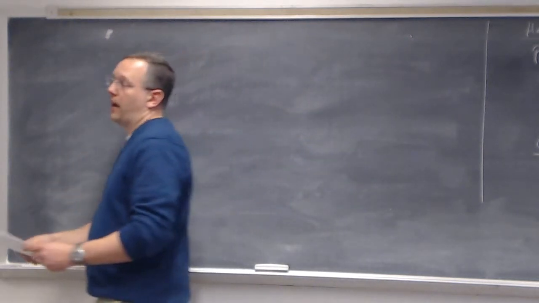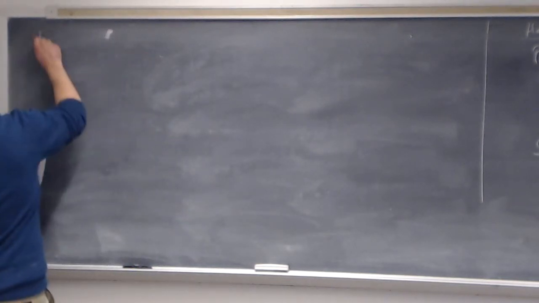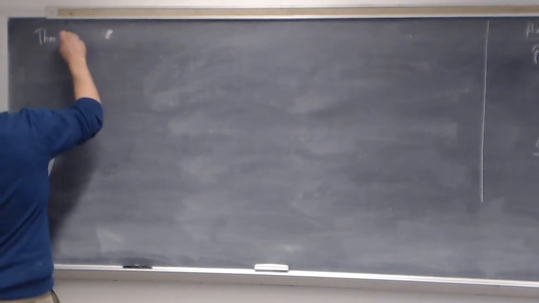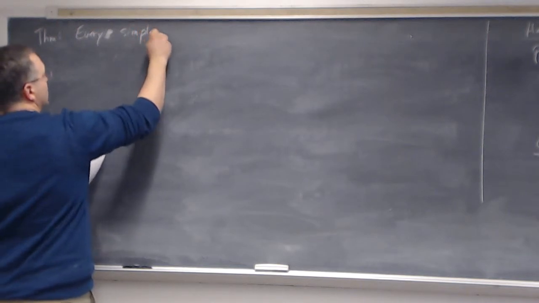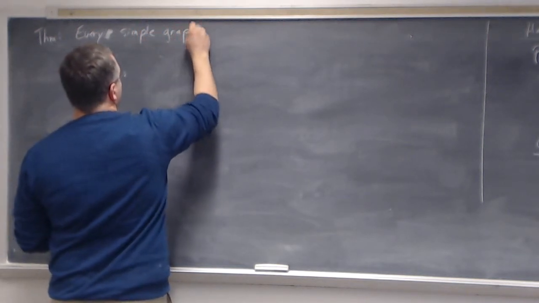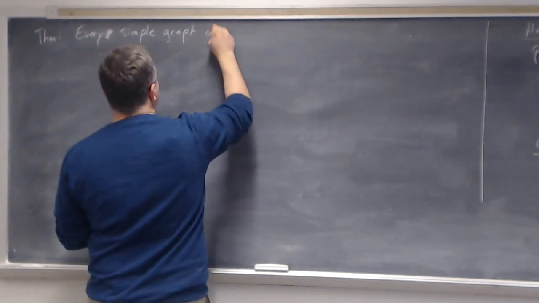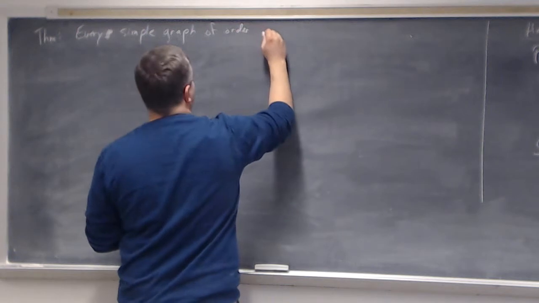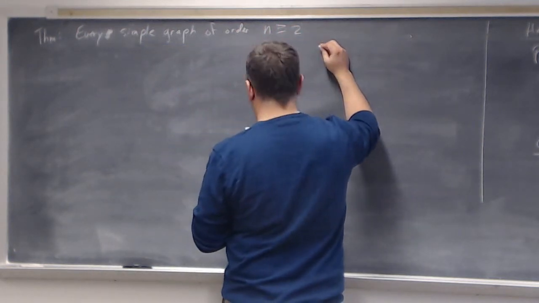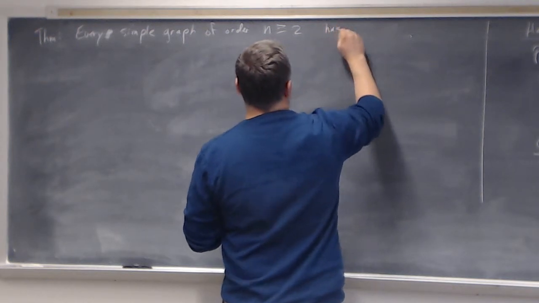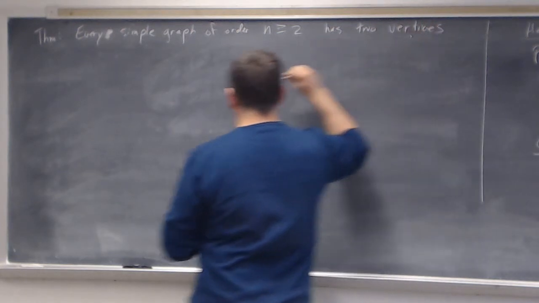Some people call them simple graphs. Okay, so theorem: every simple graph, so no loops and no multiple edges between two vertices, every simple graph of order n, which is greater than or equal to 2, has two vertices with the same degree.